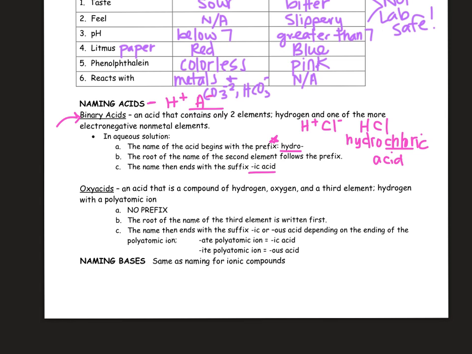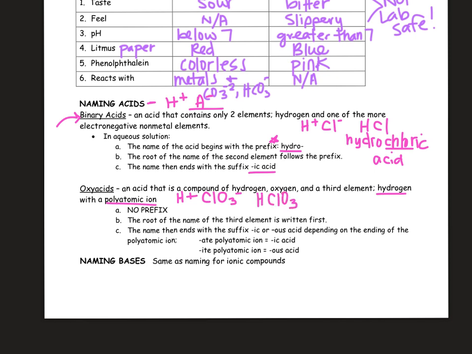Then we have oxyacids, and these are basically those with a polyatomic ion. So a hydrogen with a polyatomic ion. Let's go with chlorite, right? So I've got hydrogen with ClO negative. So those two come together. That's chlorate, sorry, we'll go with that one, ClO3.